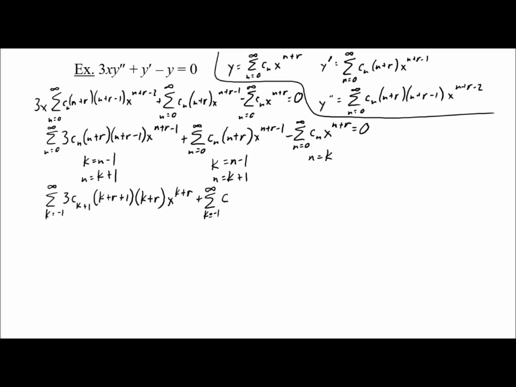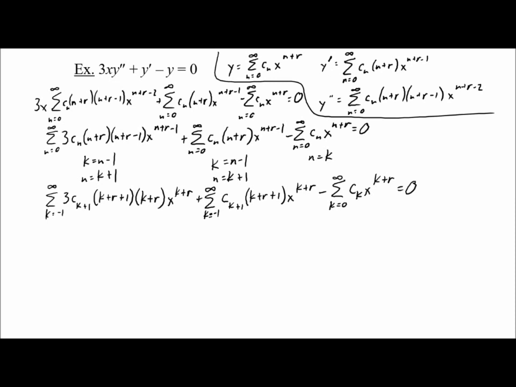We get c_{k+1} times (k plus r plus 1), x to the k plus r. And then the last one here, minus the sum, k equals 0 to infinity, c_k x to the k plus r. That was just the direct substitution.